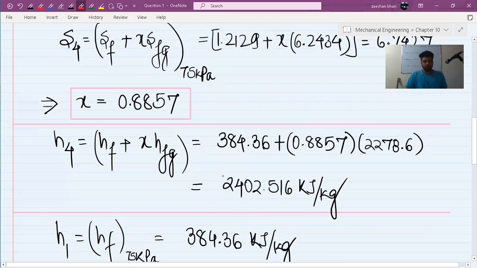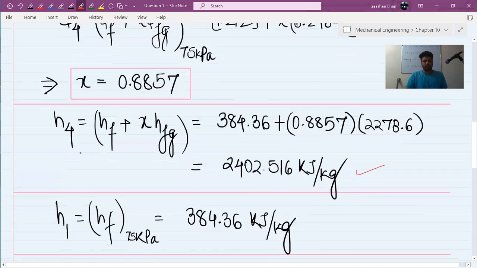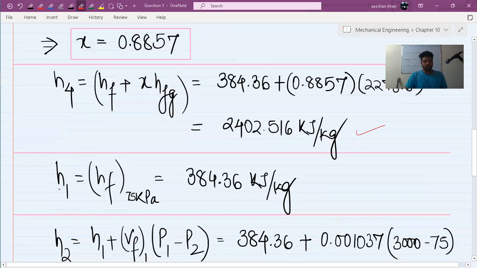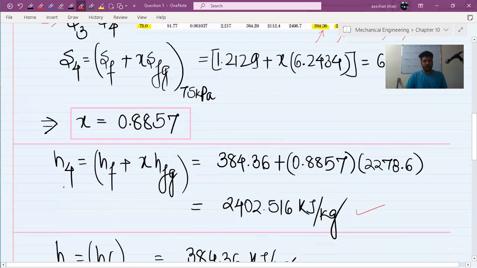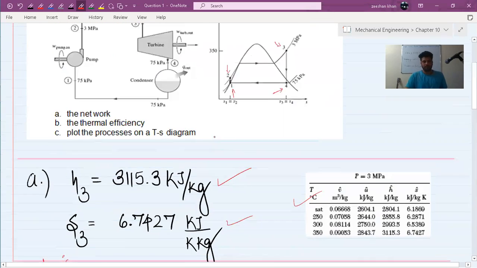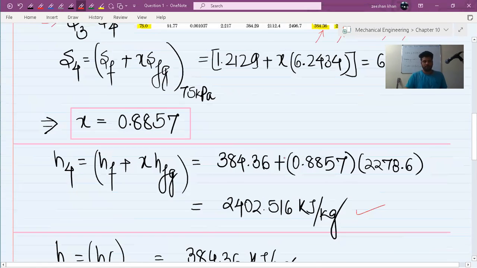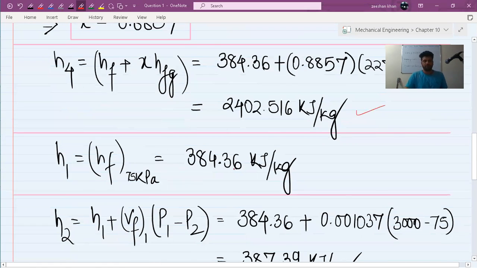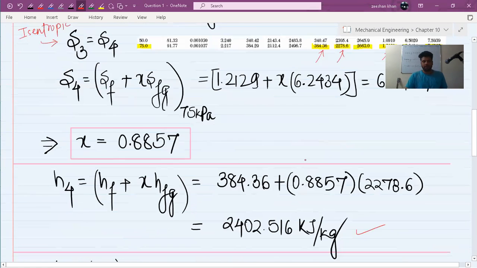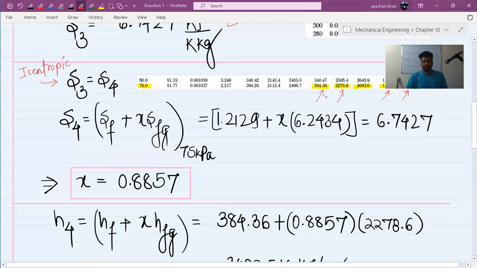H4 comes out to be 2402.516. H1, which is saturated liquid at 75 kilopascals, the enthalpy can be observed from the table. So it's 384.36 right there.